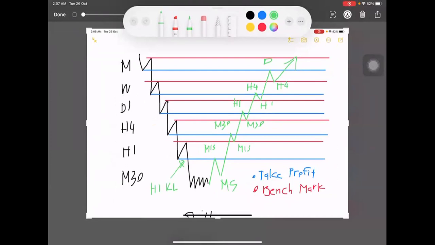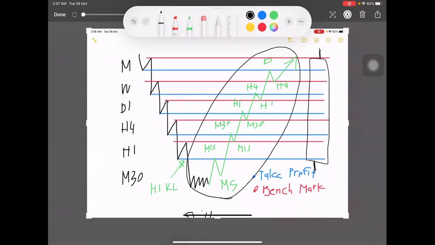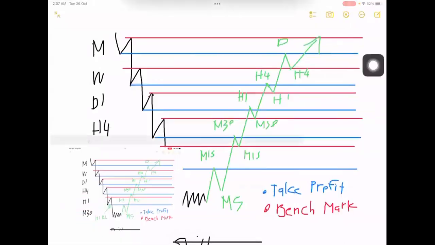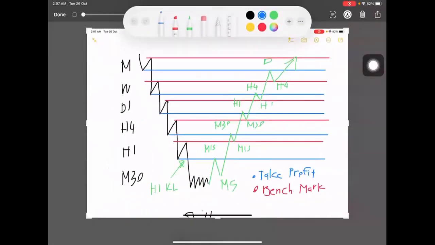For example, in the real situation, to complete the monthly candle, that's what the lower time frames do, right? To complete this one monthly. That's why this drawing is very important. Okay, start from M30.